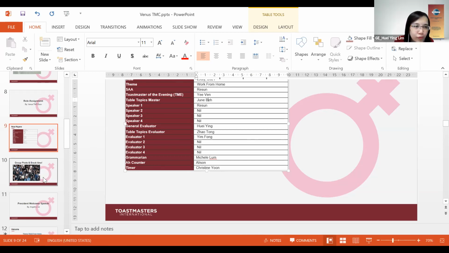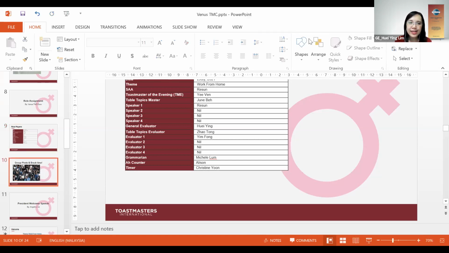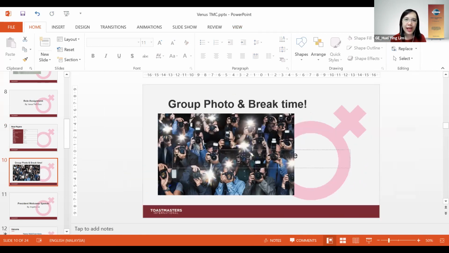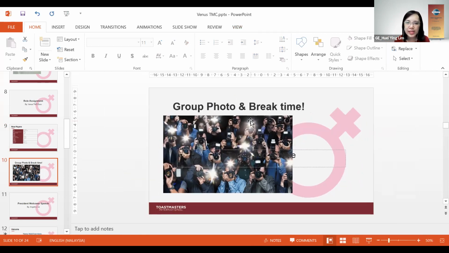So I think with that, let's now switch on our camera. Before we go for a 5 minutes break, let's take a picture of all of us here tonight. We will take another one later, because some may be joining at 9 o'clock. Just switch on your camera.